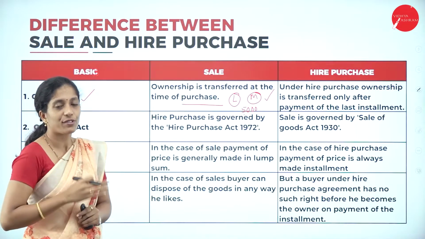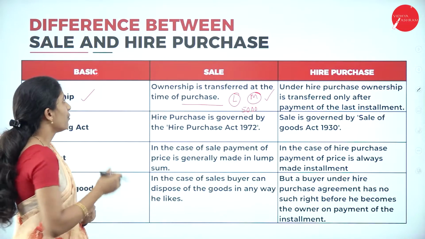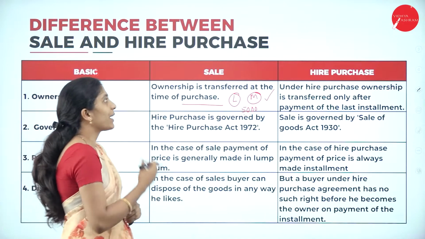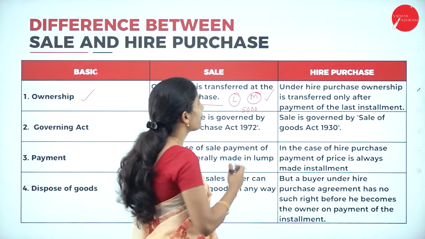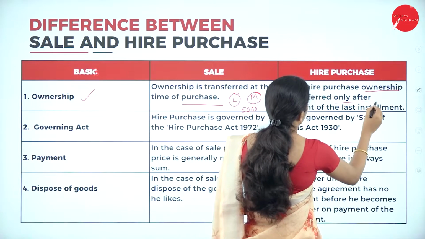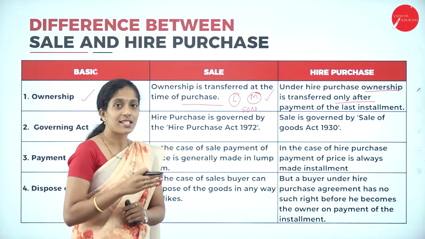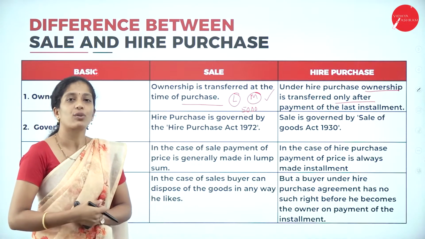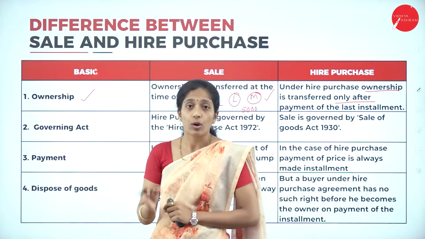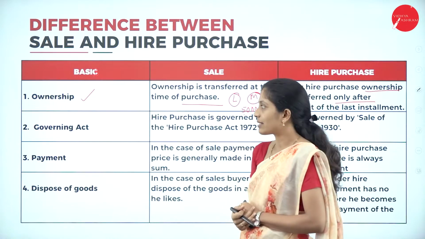That is a sale: the ownership immediately transfers from seller to purchaser. But in a hire purchase system, ownership is transferred only after the last installment is paid, whereas in a sale it is transferred immediately.